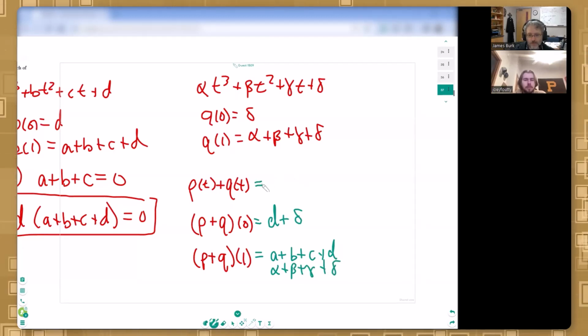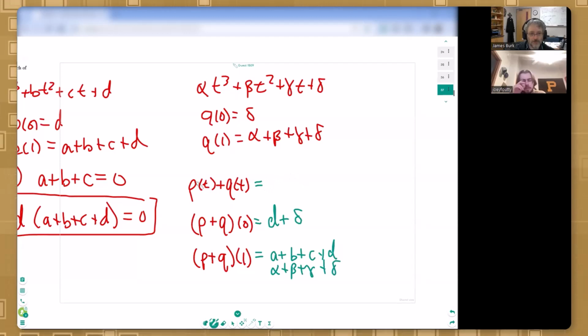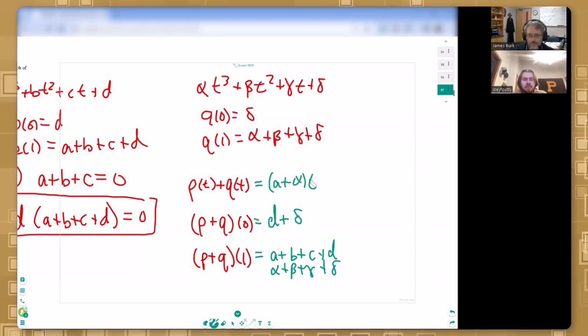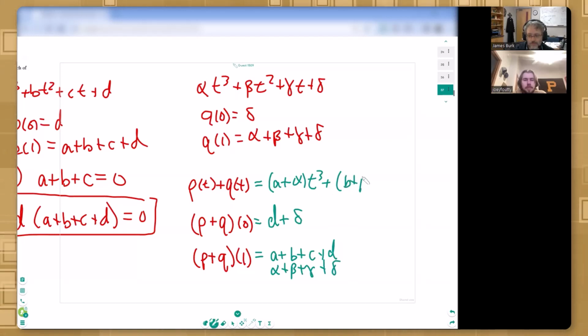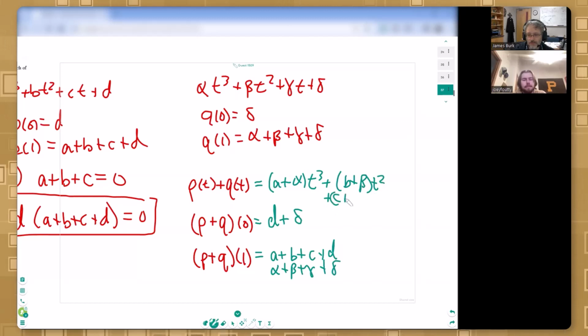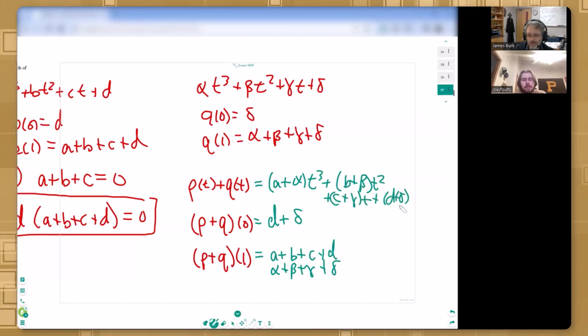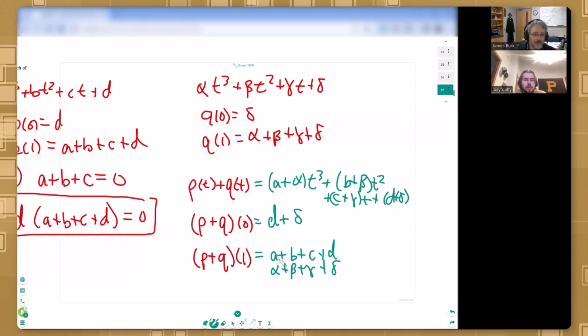Now, when you're adding up polynomials, you add up the like terms, and this would consist of a and alpha, b and beta, c and gamma, and lastly d and delta. Okay, so we got that.